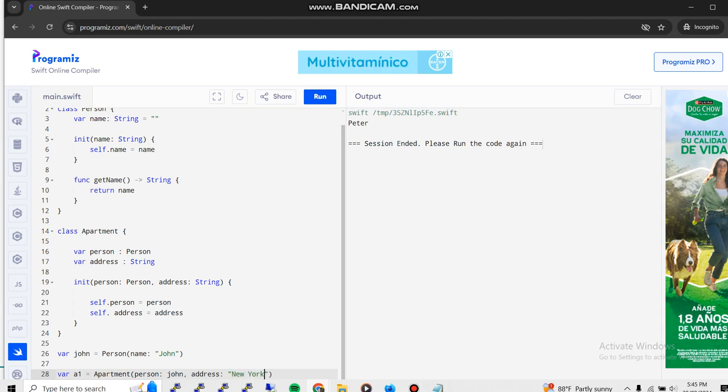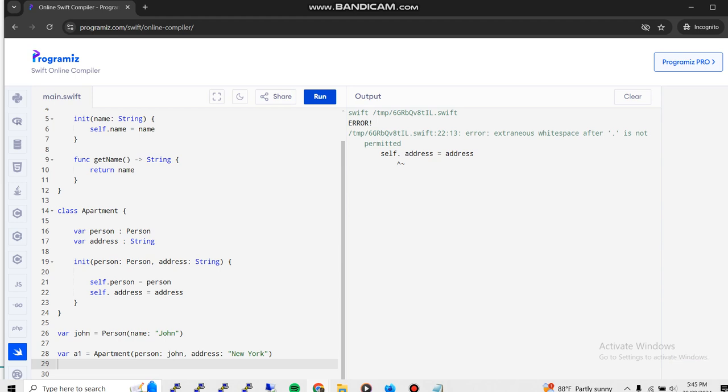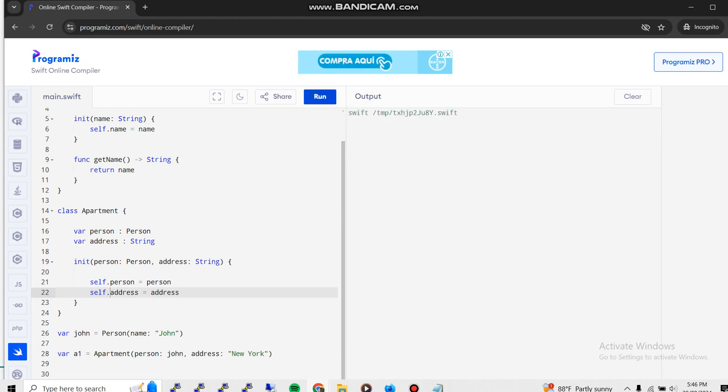So we can run it just to see what's going on. It prints the address, and it's correct, right?